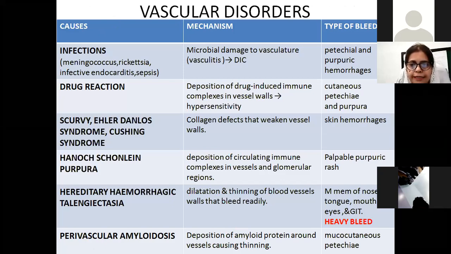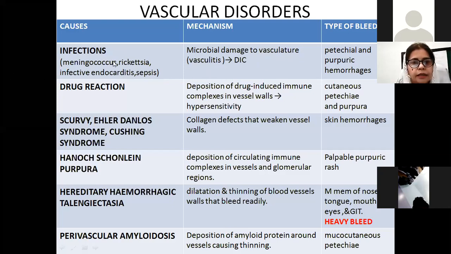Sometimes GI bleed can also take place. The most common cause of vascular bleeding are the infections, especially meningococcal infections or severe sepsis. The mechanism is the direct damage to the vasculature, giving rise to its inflammation, and the patient could end up with DIC, which is a very serious form of the disease.